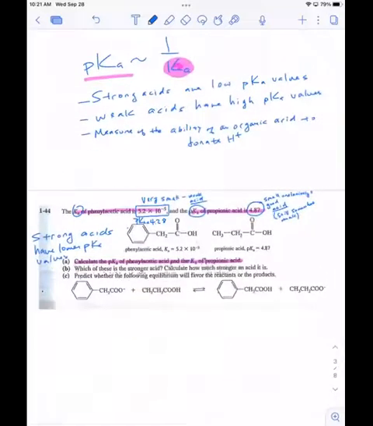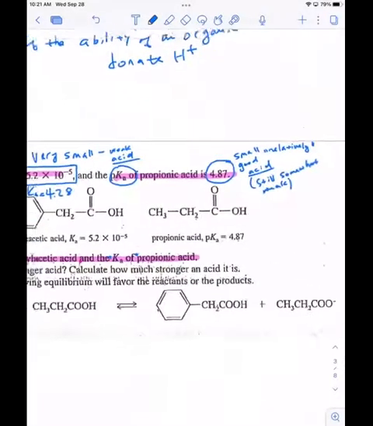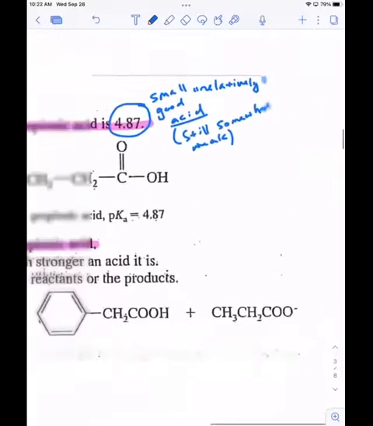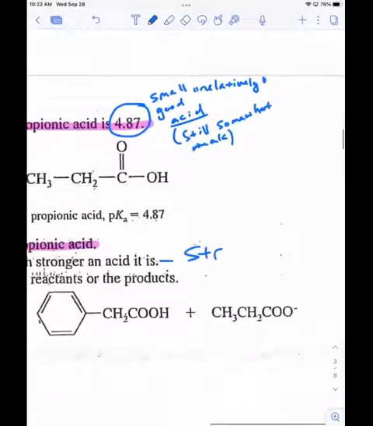If we know that a stronger acid is going to have a lower pKa value, which one of these two is the strongest acid of the two? The propionic acid. Well, propionic acid is 4.87, and then phenylacetic acid is 4.28. Sorry. That's okay. So it's the phenylacetic acid that's the stronger. Is that right? Yes.